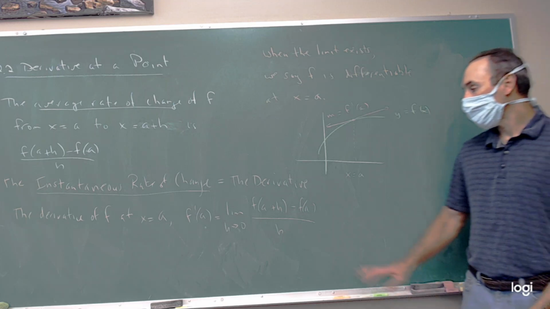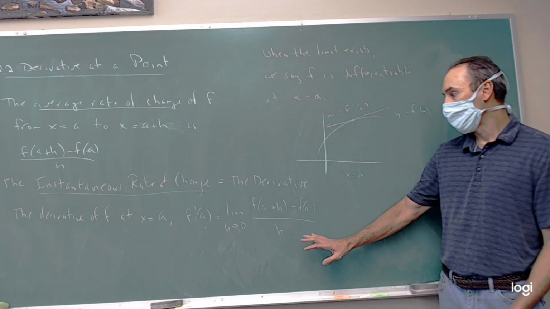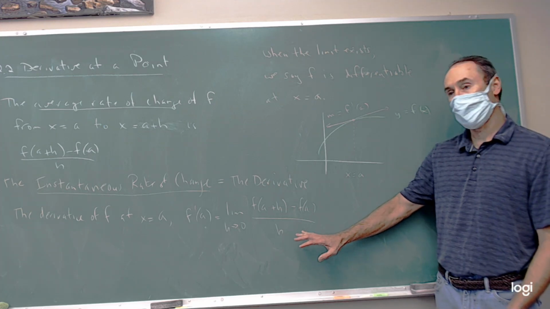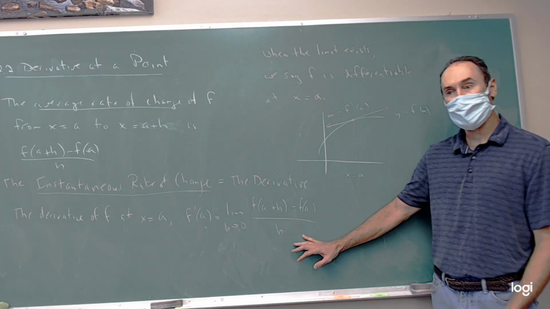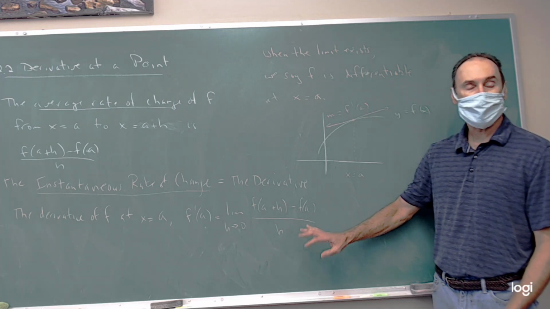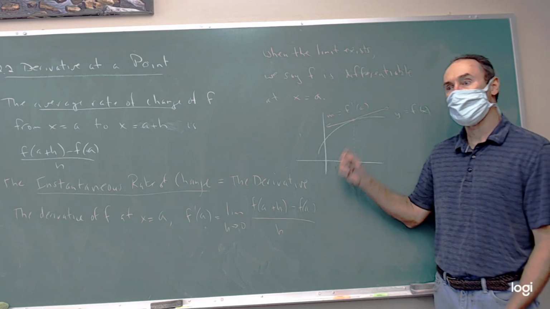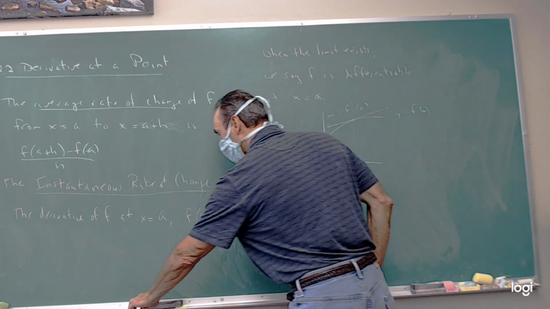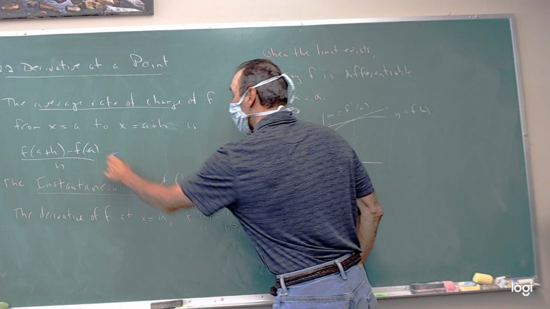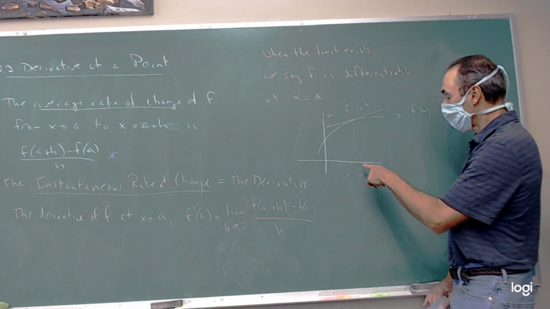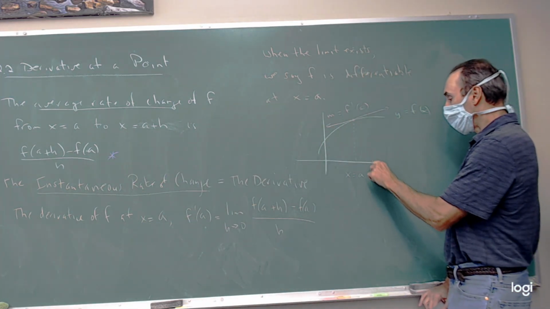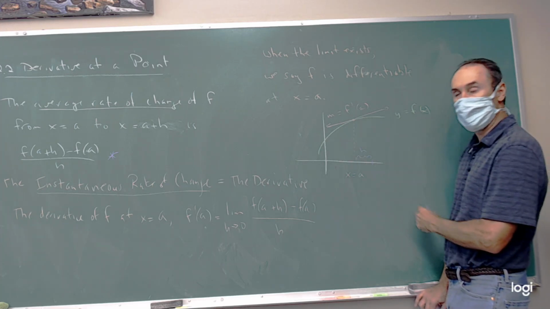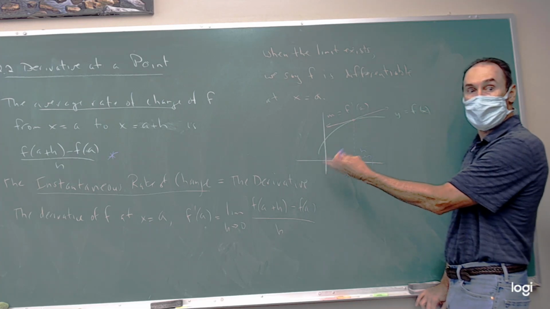So we're going to learn a few of these applications. The derivative evaluated today is the instantaneous rate of change of the function at x equals a. It's also the slope of the tangent line to the graph of f of x at x equals a. What this means visually is here you've got a point a, and then you go some finite distance h away from a. h could be positive or h could be negative, either way.